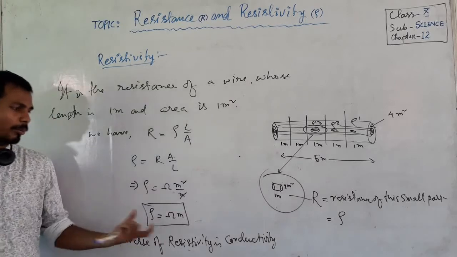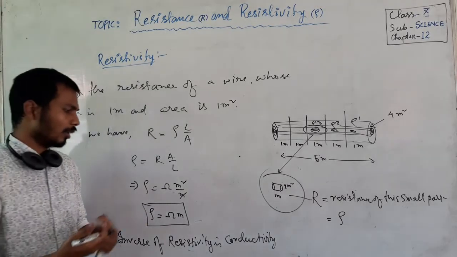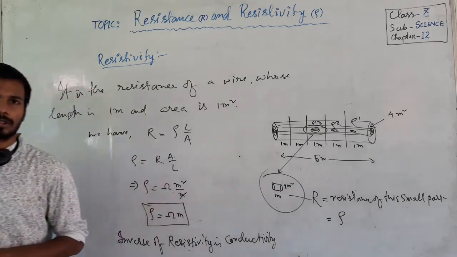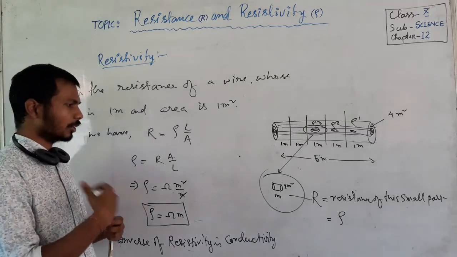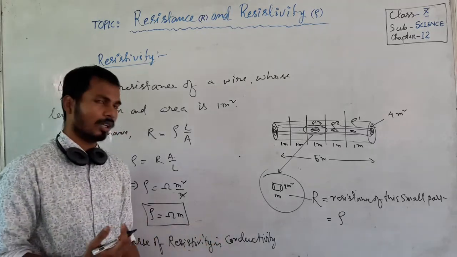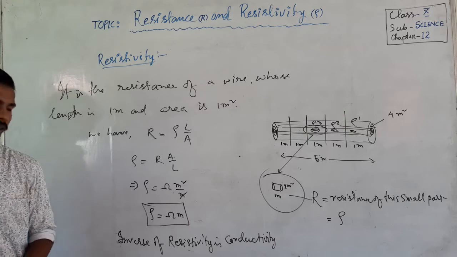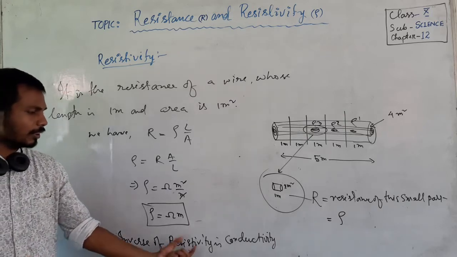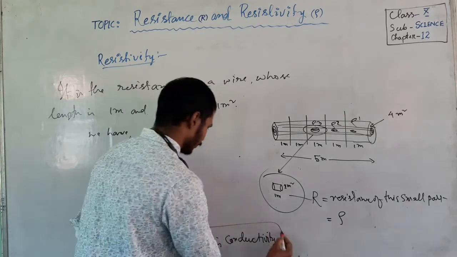Conductivity is the ability of the material to allow the movement of charge. How they allow the charge to move, that is called conductivity. How they conduct electricity.